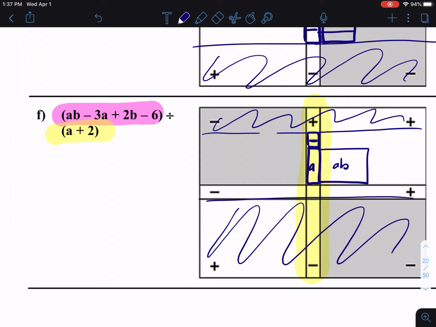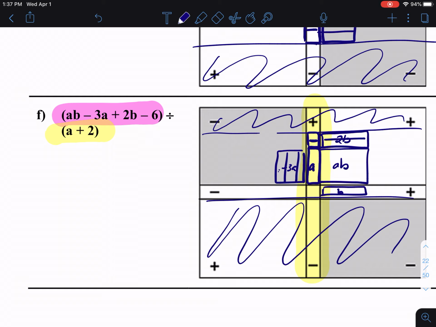Minus 3A. Well, it has to be on this side. So we can put them here, minus 3A. 2B, well, if this is AB and that's A, then this would have to be B. So 2B would fit nicely in here. 2B.